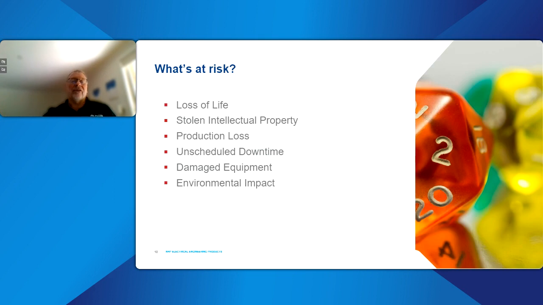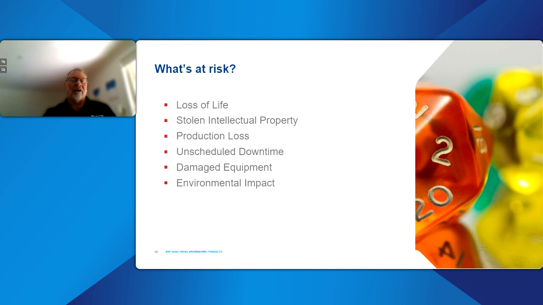Okay, so what's at risk? Well, this is a pretty heavy slide, but there's a lot of things that are nasty. But probably the biggest is loss of production or unscheduled downtime. I don't know what the difference between these two is supposed to be, but to me they're one and the same.